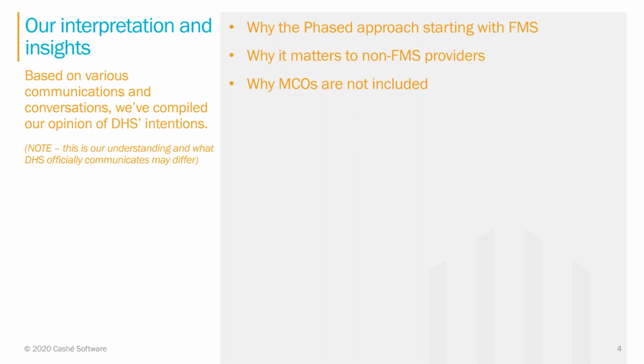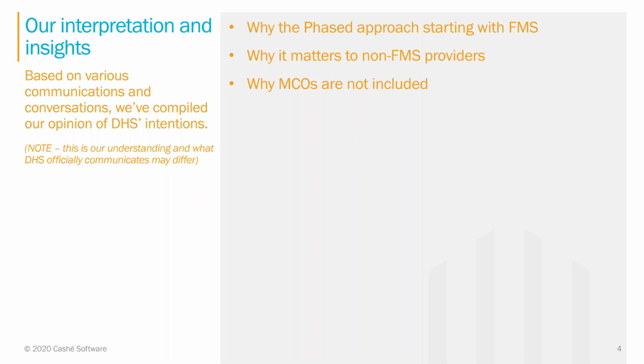To do all of that, there is some back-end database work that has to happen, and our understanding is that none of that has been completed, and as a result, MCOs are not going to be included, at least in phase one. We anticipate that it's going to take a while before they're ready, and I'm guessing you would have to wait towards the end of the year before this is mandated by DHS.